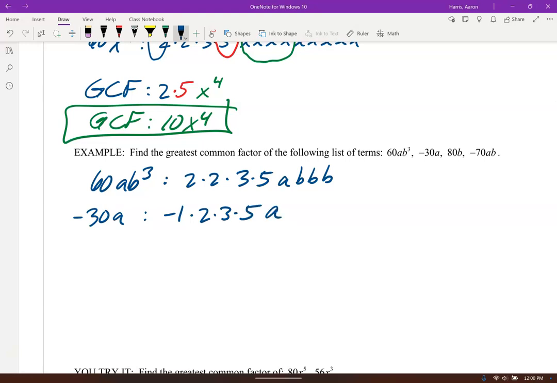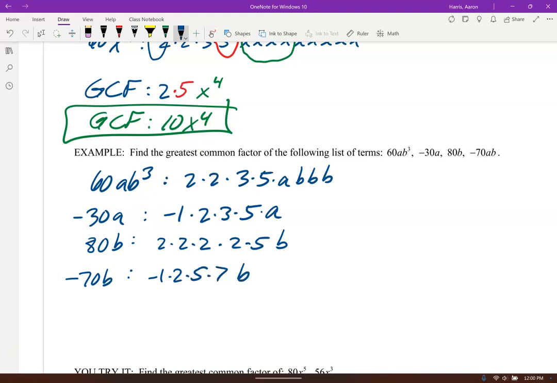There we go. And then an a. I got 80b. That's 8 times 10. Here's my 8. There's my 10, 2 and 5, and then I got a b. Negative 70b. Negative 7 times 10, so negative 1 times 2 times 5 times 7, and then a b.